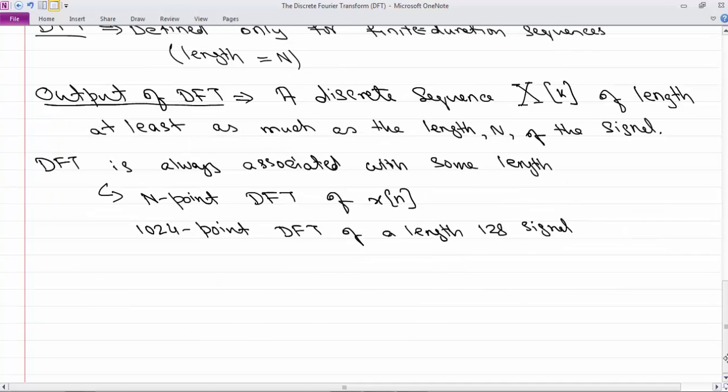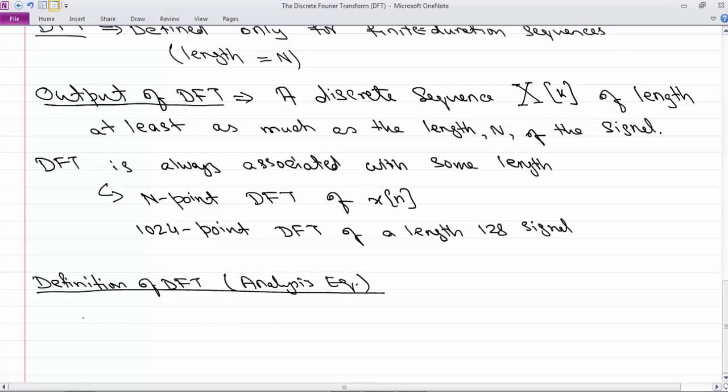So having defined all these terms, let's talk about the transform. Our transform always has an analysis equation and a synthesis equation. The analysis equation is where you take the signal and take it to the transform domain. So the mathematical definition of DFT, or the analysis equation, is as follows.